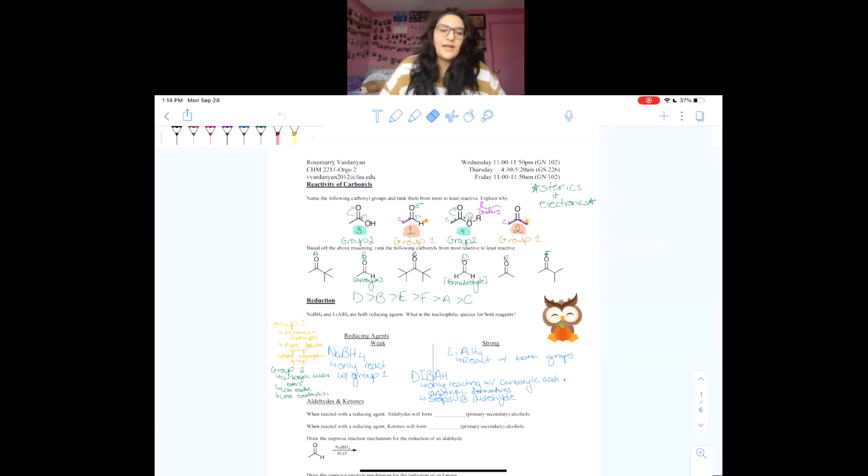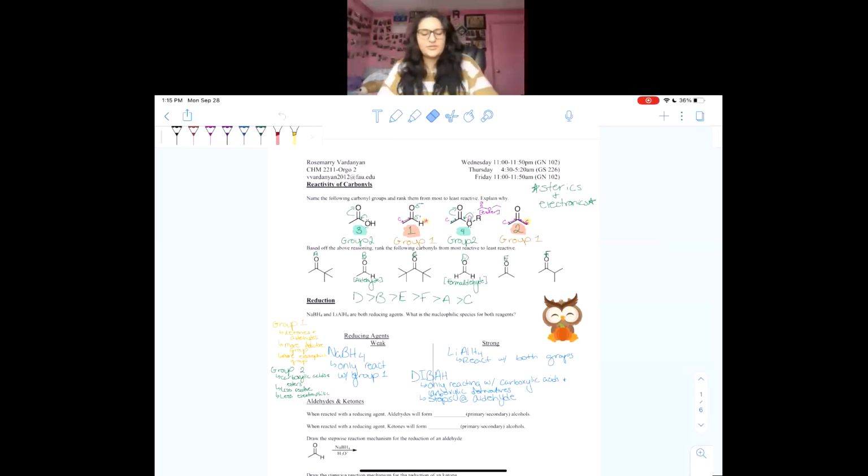We knew that NaBH4 was weak because it only reacts with group 1, and LiAlH4 is strong, which means it reacts with both groups. And then we had DIBAL, which is kind of weird. It's in the middle. I like to think of it as a weak, strong reagent because it only works with carboxylic acids and derivatives, but it stops at the aldehyde.